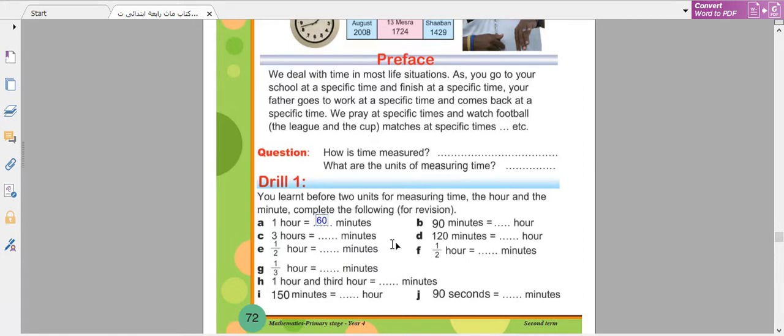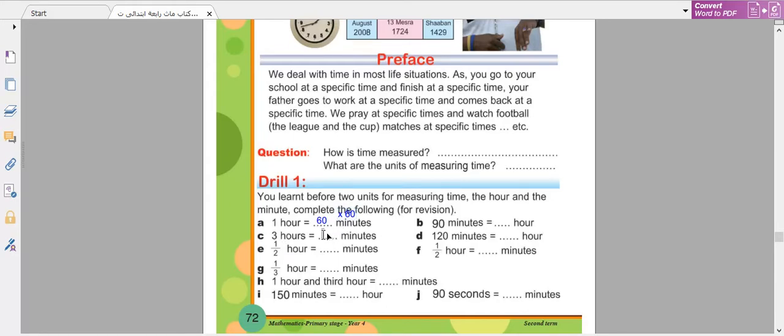From hour to minute, we use the multiplication operation, times 60. So 3 hours equal 3 times 60, equal what?